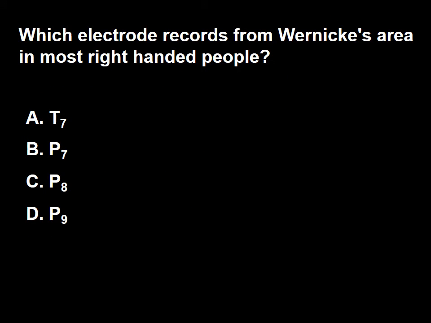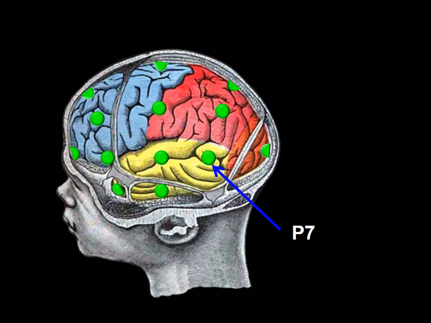Next question. Which electrode records from Wernicke's area in most right-handed people? A. T7, B. P7, C. P8, D. P9. The electrode that best records the posterior region of the superior temporal lobe, where the area of Wernicke is in most patients, is best captured by P7.